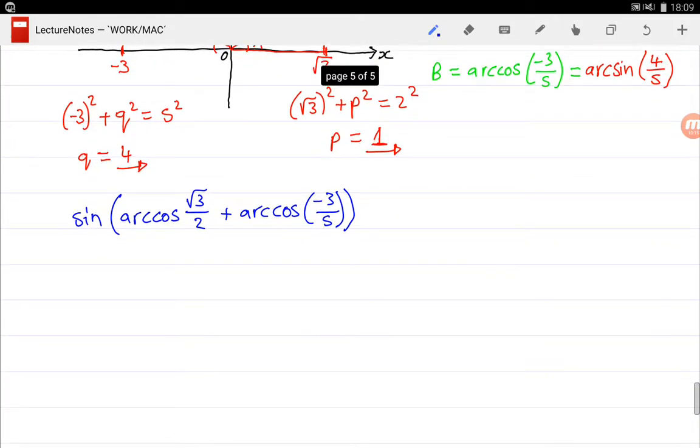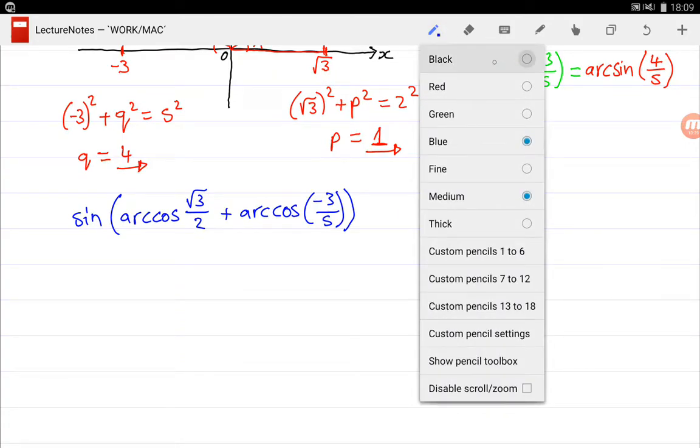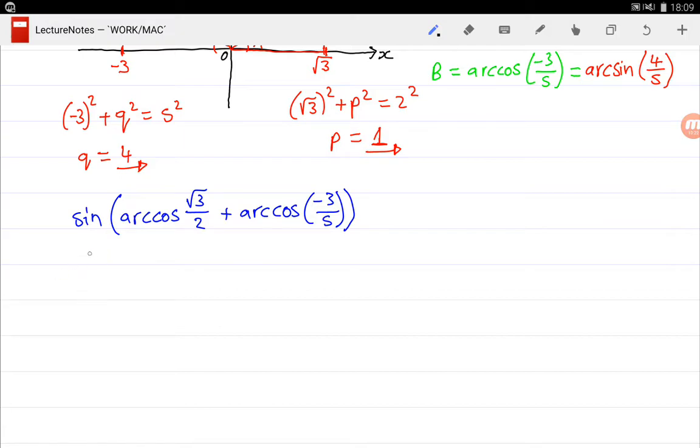Now we're going to use an identity that you should know from high school, and I'm going to write it out here. It's the idea that sine of A plus B equals sine A times cos B plus cos A multiplied by sine B.